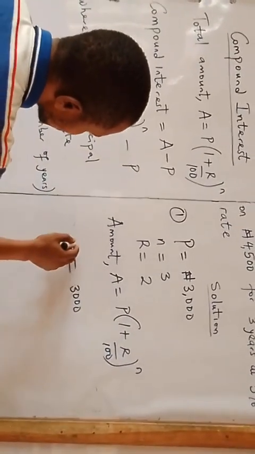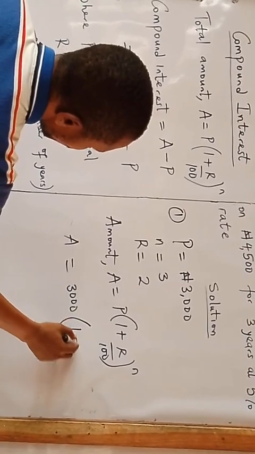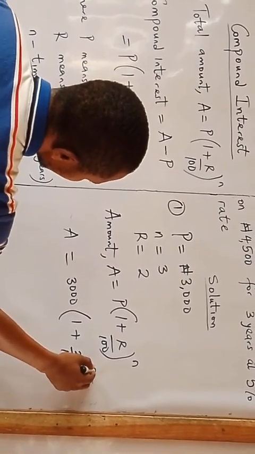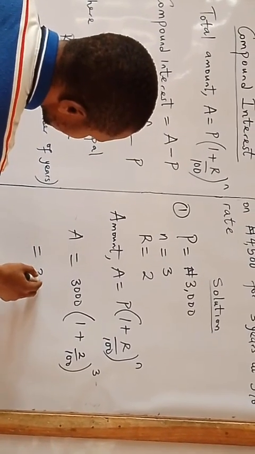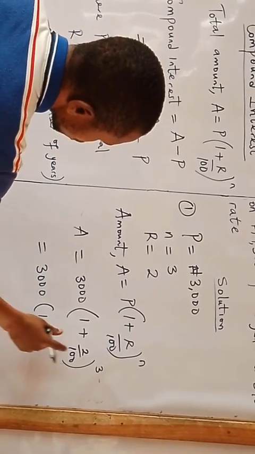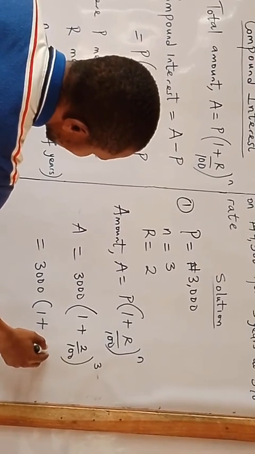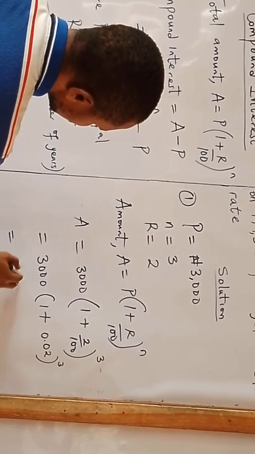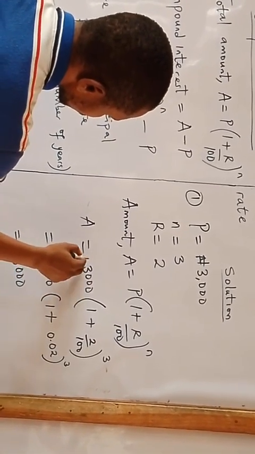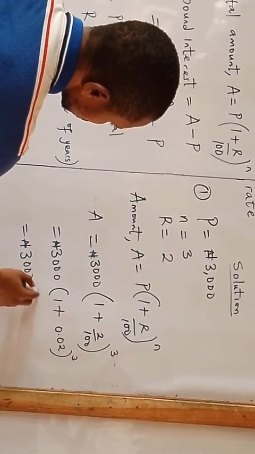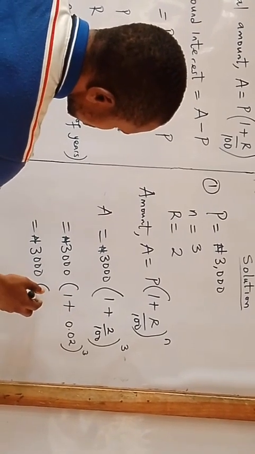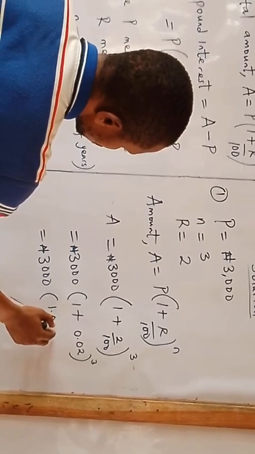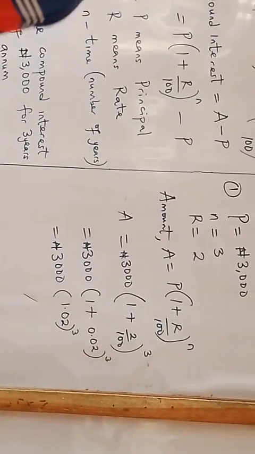So we are going to have 3,000 in bracket of 1 plus our rate is 2 over 100 raised to power 3. Then we are going to have 3,000 plus 1 into 2 divided by 100 will give us 0.02 raised to power 3. Then we are going to have 3,000 in bracket of 1 plus 0.02 will give us 1.02 raised to power 3.